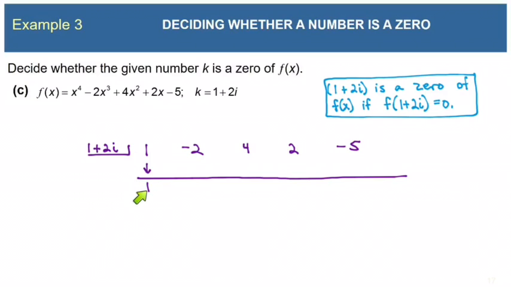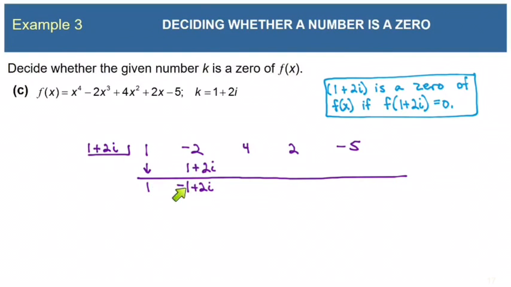Let's see, we pull down. 1 plus 2i times 1 is 1 plus 2i. Let's put that here. And now let's add. Remember, when you add complex numbers, you go real part to real part and imaginary to imaginary. So -2 plus 1 is -1, and 0 plus 2i is 2i.